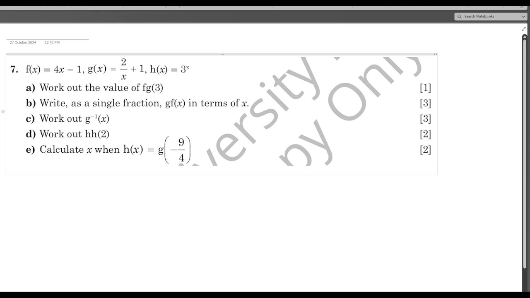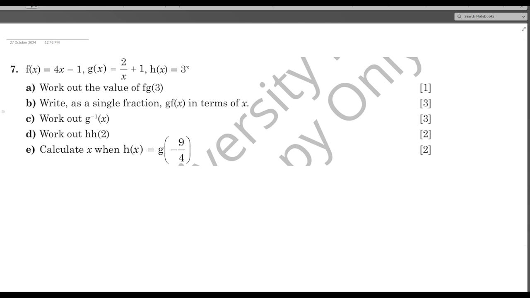Now finally, seventh question. f(x) is given 4x minus 1, g(x) is given 2 divided by x plus 1, h(x) is given 3 power x. Work out the value of f g 3. So let us first find out what is g of 3. So your first A part, g of 3. Now g of 3 is nothing but 2 divided by 3 plus 1. So it is 5 divided by 3.